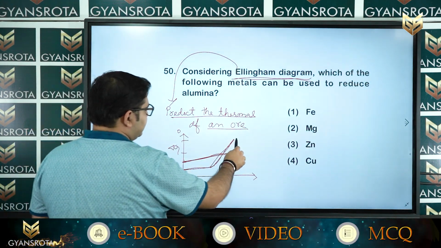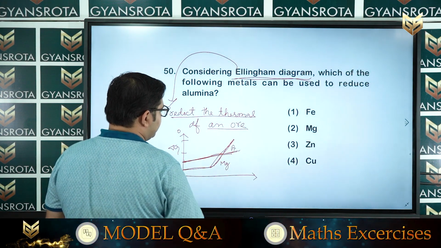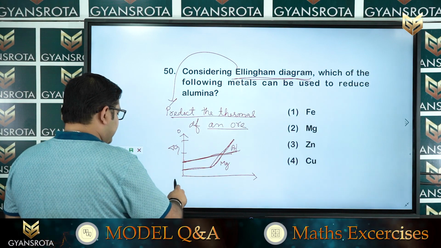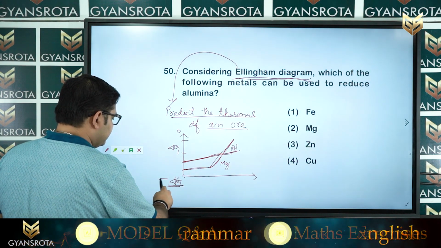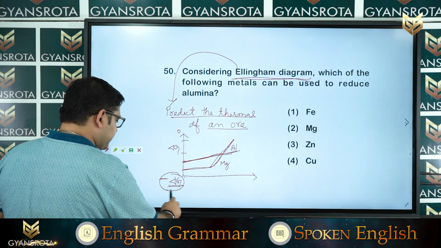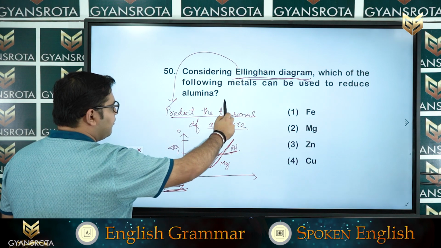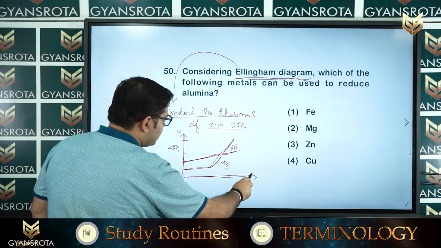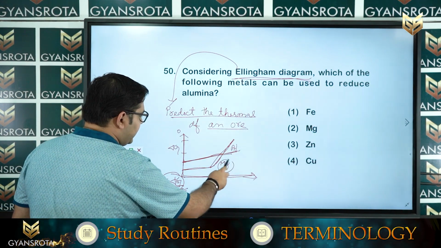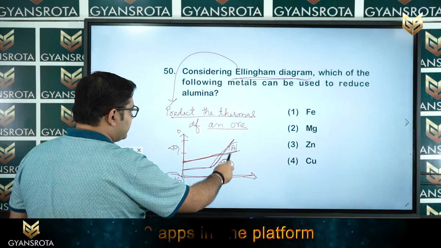So, if you see, this is your magnesium part and this is your alumina part, and if delta G is more negative, then that atom or molecule will easily reduce the above molecules in the Ellingham diagram. So, magnesium has a more negative delta G value as compared with your alumina.